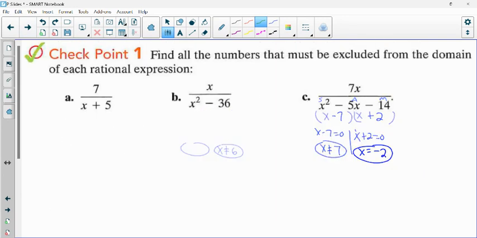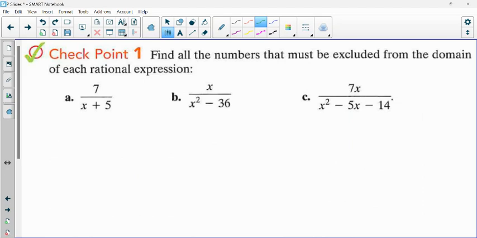All right, so if we look at checkpoint 1, you can go ahead and take a moment and write those 3 problems down. The directions say find all the numbers that must be excluded from the domain of each rational expression.